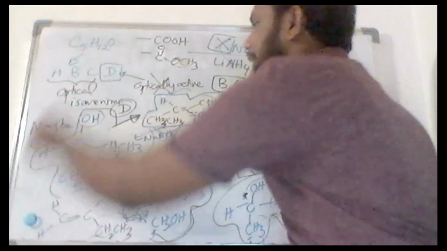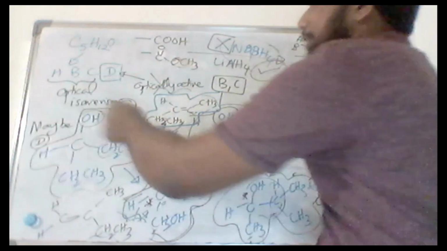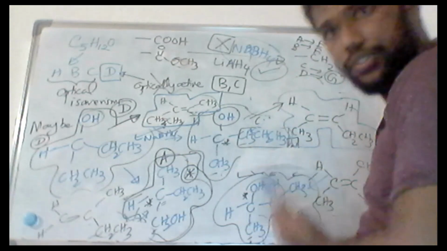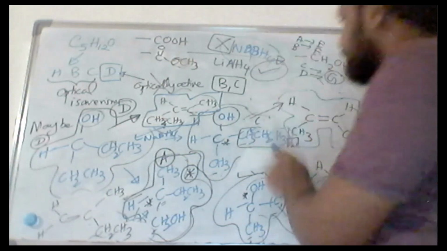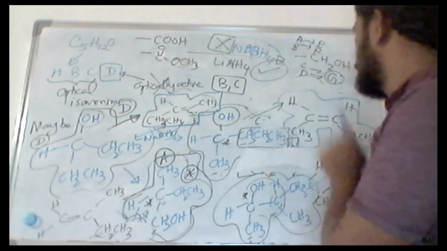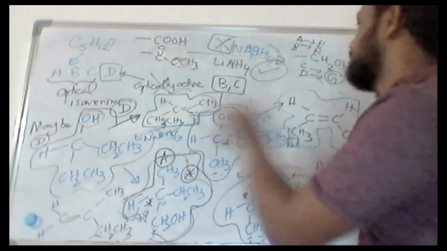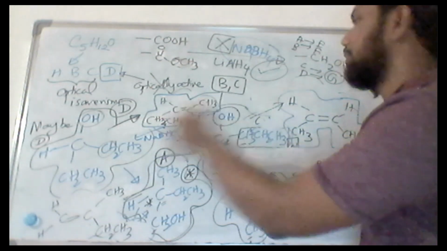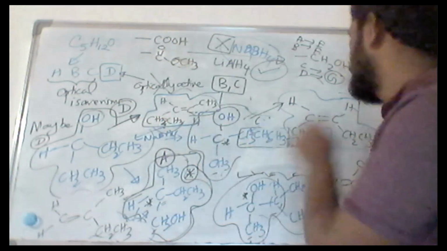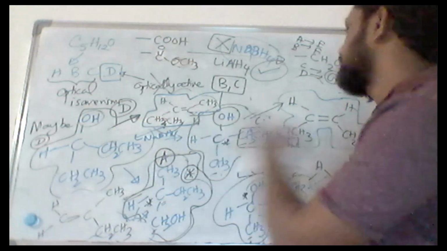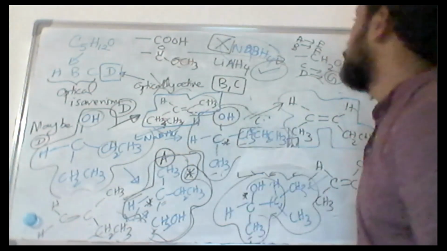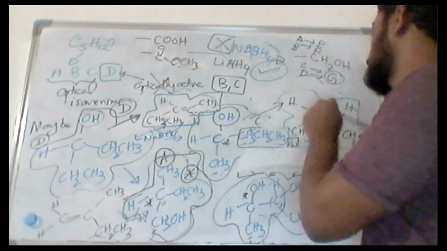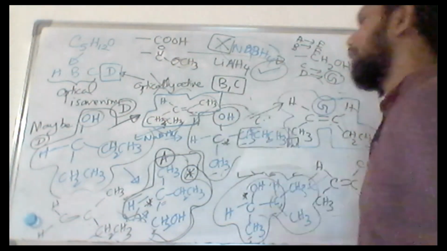The expected D is going to give this with conc H2SO4, and this structure is going to give this, and these two structures are the same. The only difference is the CH3 I have drawn on top here, but here it is at the bottom. So these two structures are the same, which gives the idea that this compound G is either this or this, you can imagine.